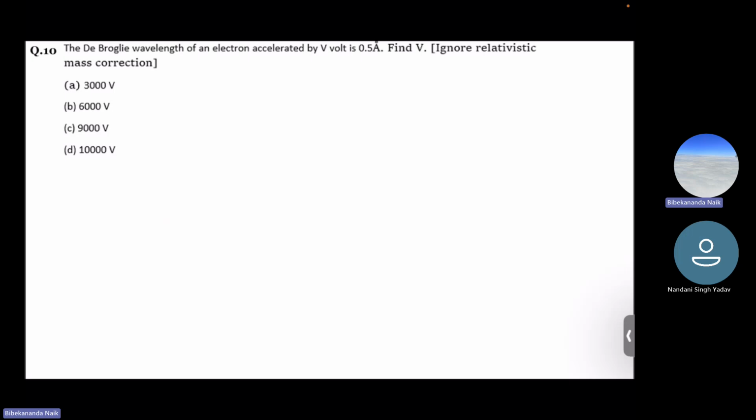We had already discussed a similar question where the voltage value was given and we had to calculate the wavelength, but here the de Broglie wavelength is given and we need to find the value of V. I'll give you a few minutes to try to solve this and then we will discuss.